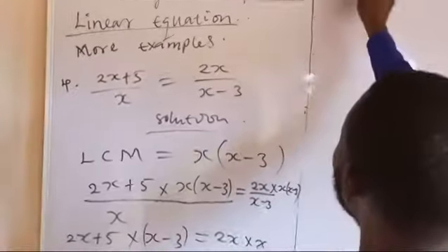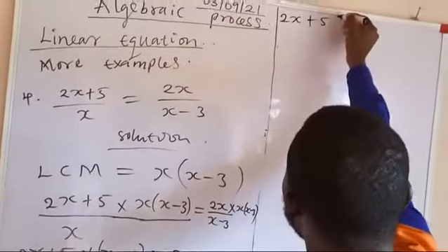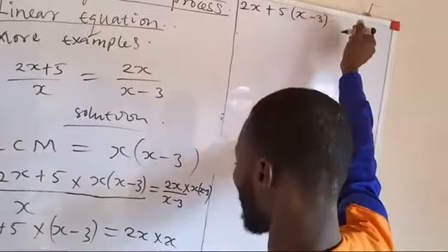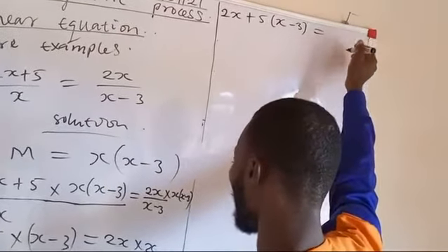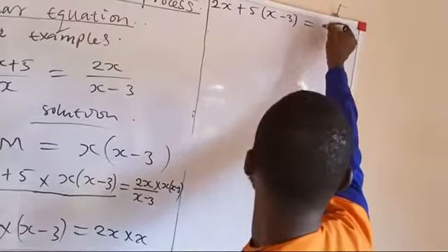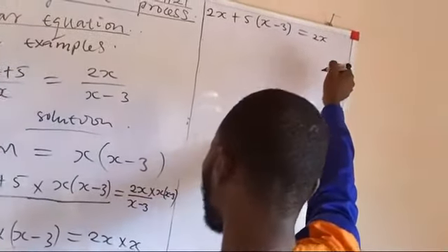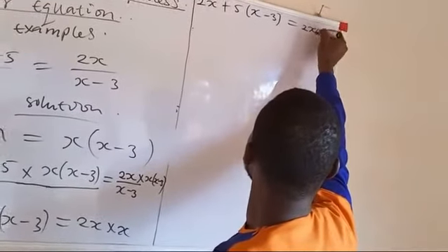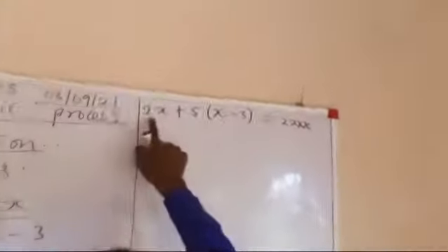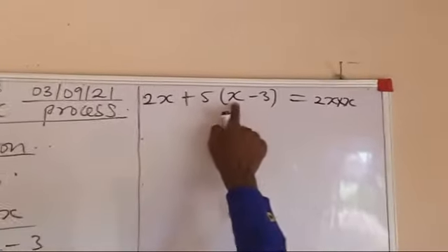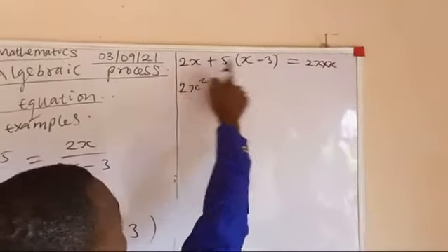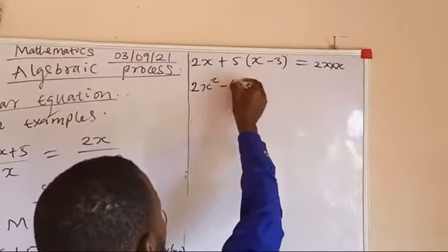So here we have 2x plus 5 bracket x minus 3 will be equal to 2x times x. So from here, 2x we multiply x to give us 2x squared. 2x we multiply minus 3 to give us minus 6x.